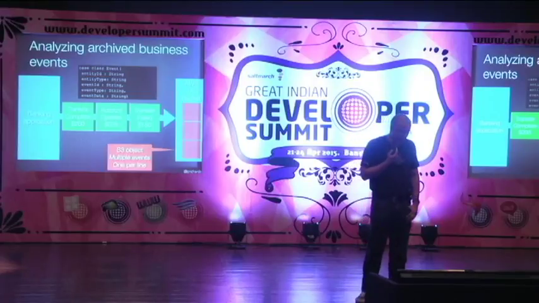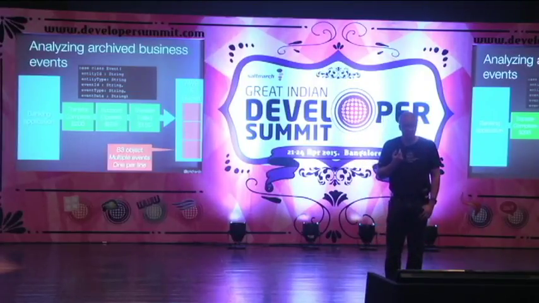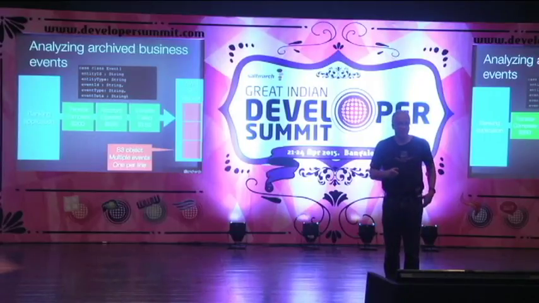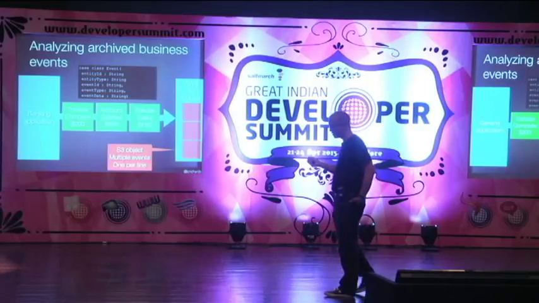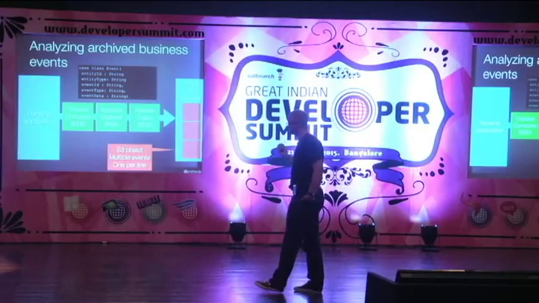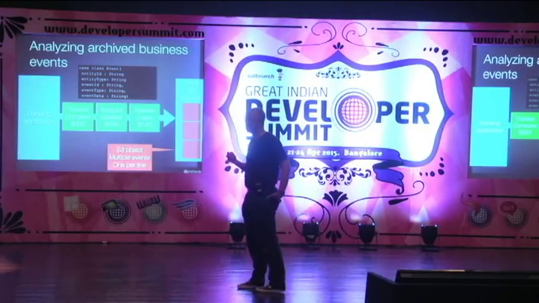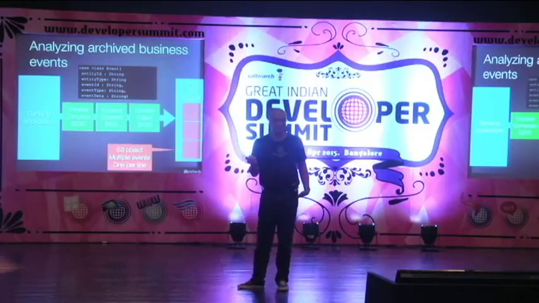Now, turning it into a real-world application. This mirrors some of the work that I've been doing. Imagine you have a banking application that's archiving all the activity into an S3 bucket.